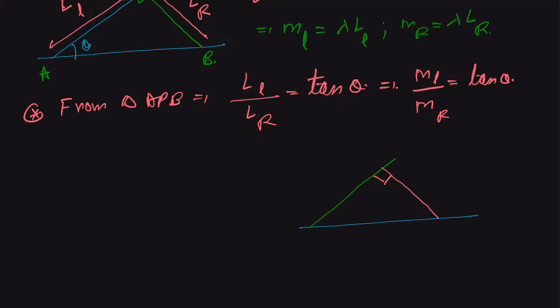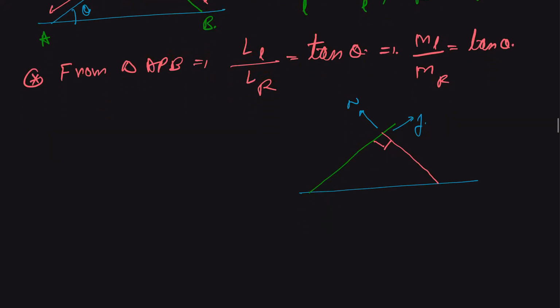The normal will be acting in this direction, and the force of friction will be acting in this direction. These are the two forces acting here. There will also be a normal reaction at both the sticks, but we will do that later on if required.